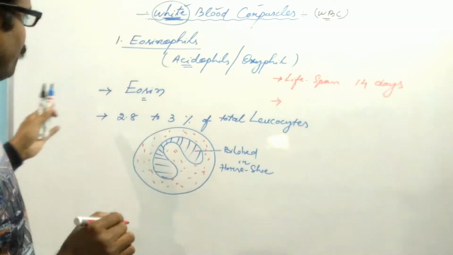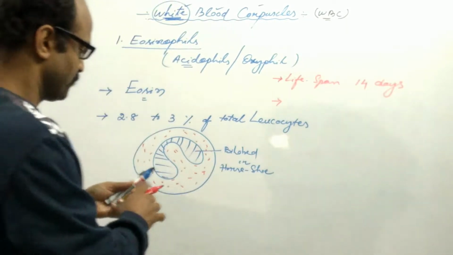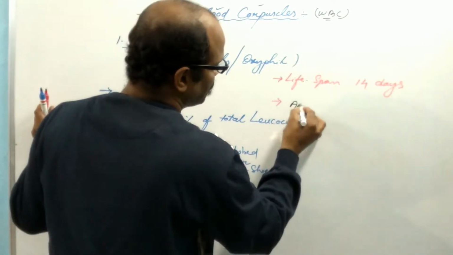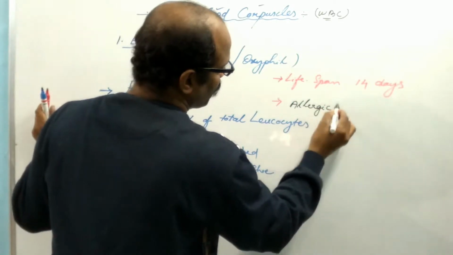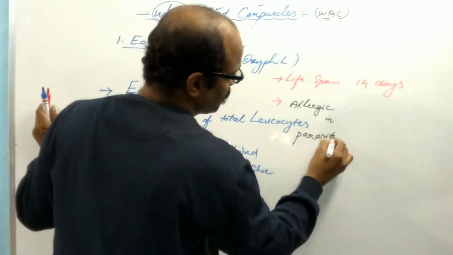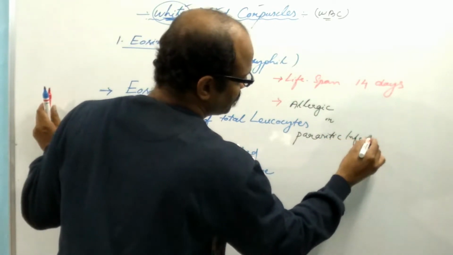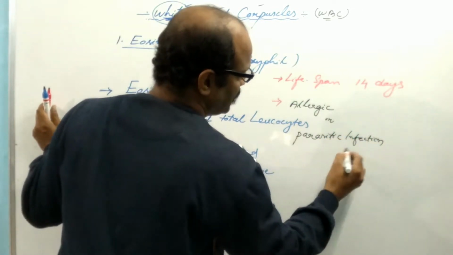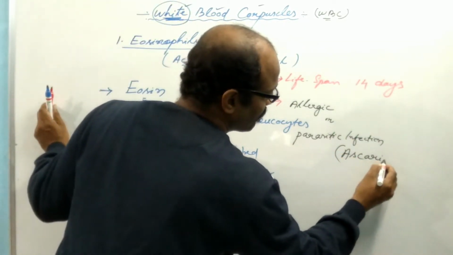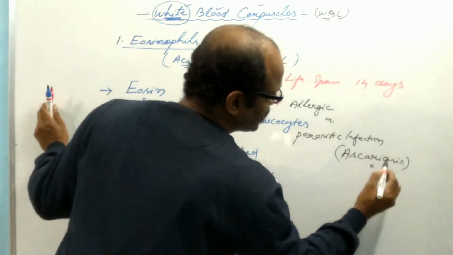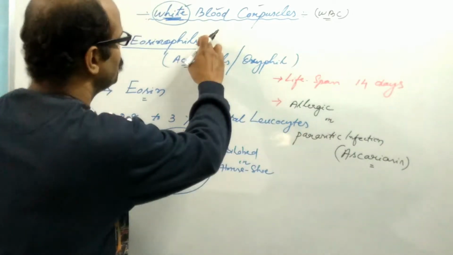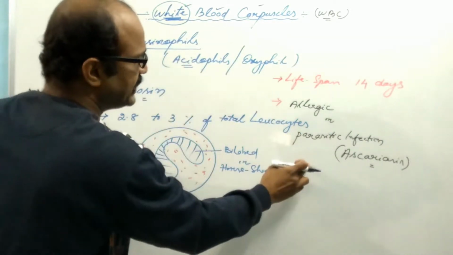The number of eosinophils increases in two conditions: one may be the allergic condition, or in parasitic infection. The parasitic infection, for example, ascariasis, the infection of ascaris. In this condition, the number of eosinophils increases.